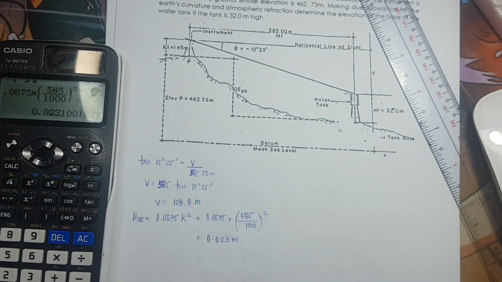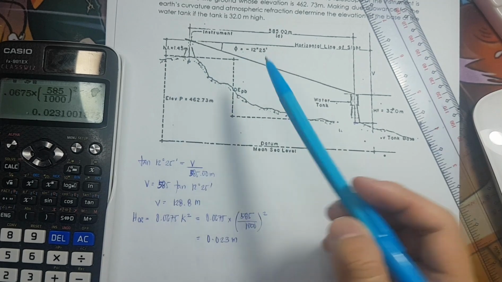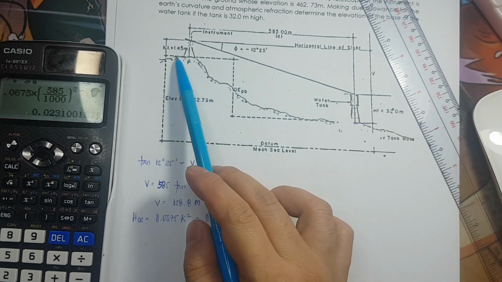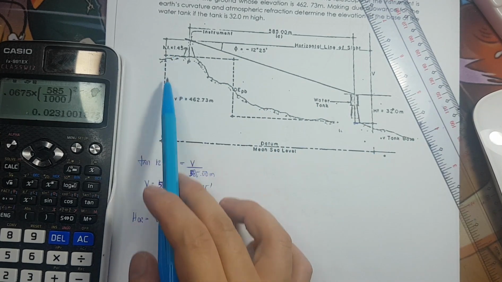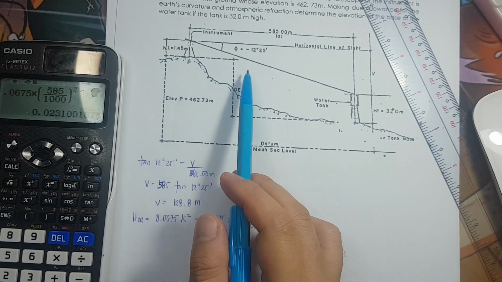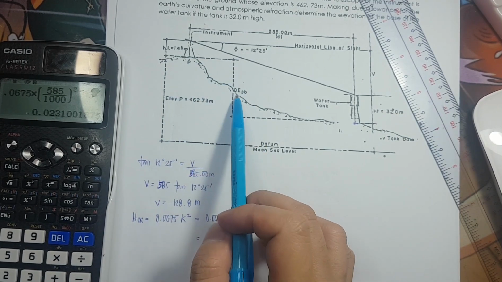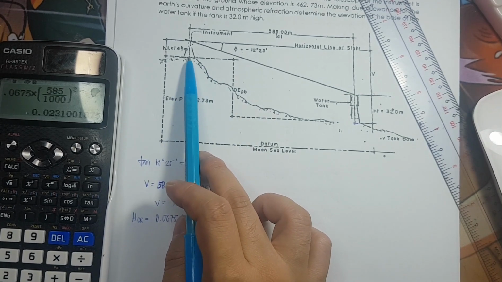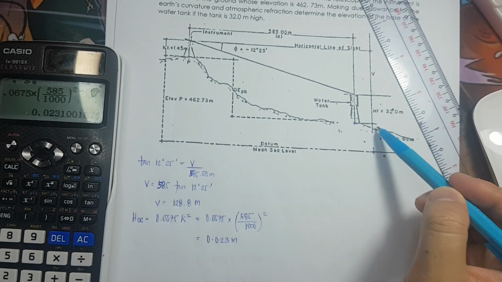Then the next is we need to determine this distance here. Okay, pag nakuha na natin itong distance na to, pwede na natin i-subtract with elevation ng P with respect to the datum. Then yung DEPB natin is also with respect to the base of the instrument, so we can get the difference.